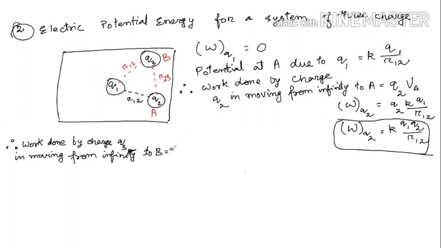Q3. And since the potential at B is the addition of potential due to Q1 and Q2, you write V1 plus V2.